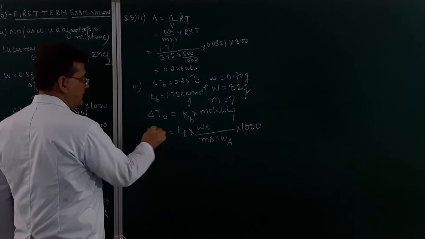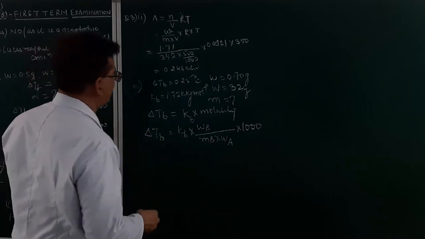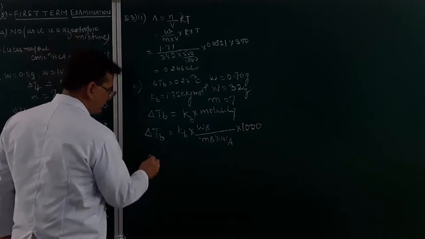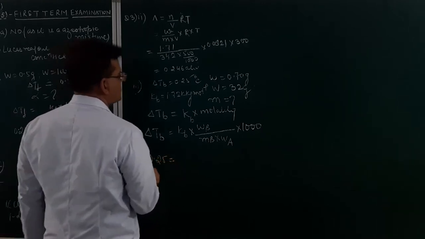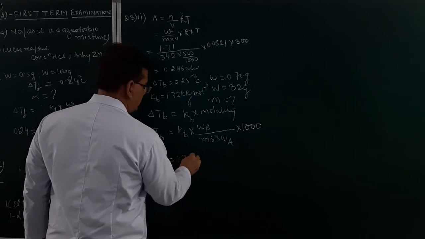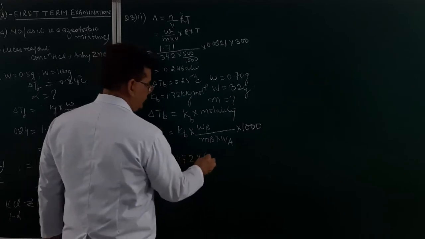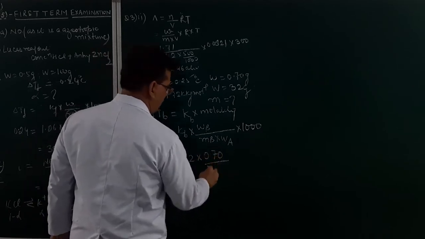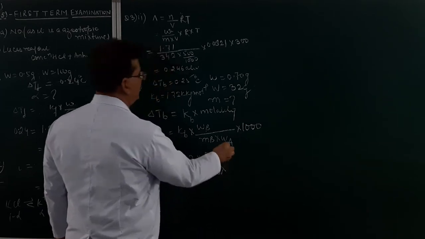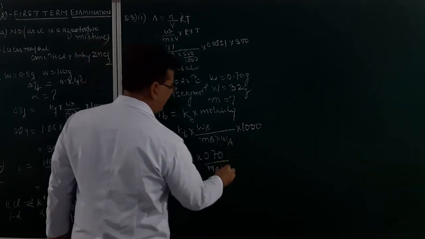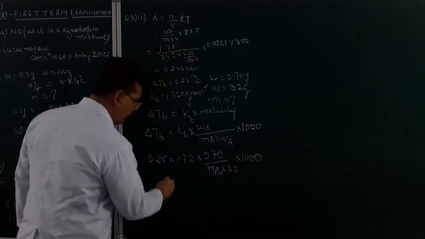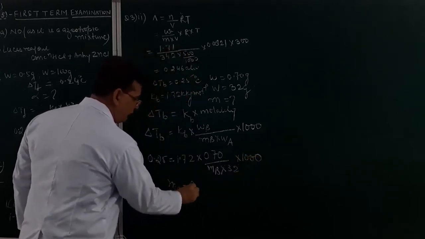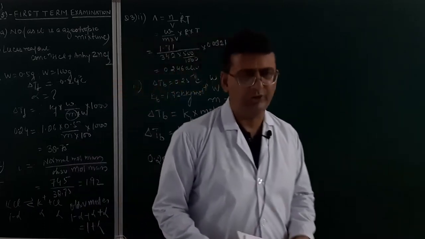This is delta TB. Simply put on the values. This is 0.25, will be equal to KB 1.72 into weight of solute 0.70. Molecular mass of the solute is to be determined. Weight of solvent, weight of acetone is given as 32 into 1000. From here, you may find out the molecular mass of the solute.